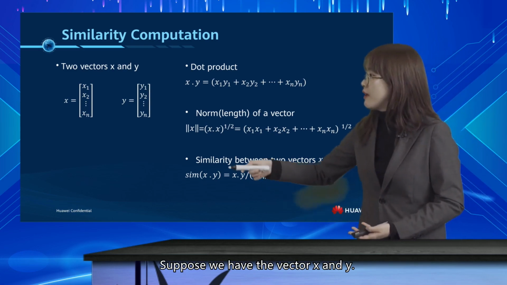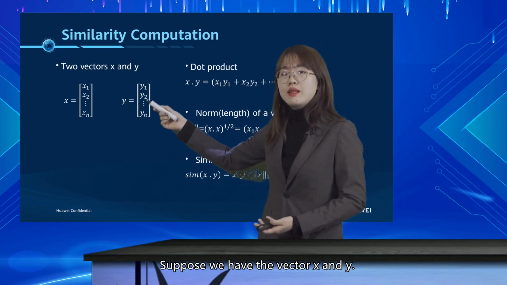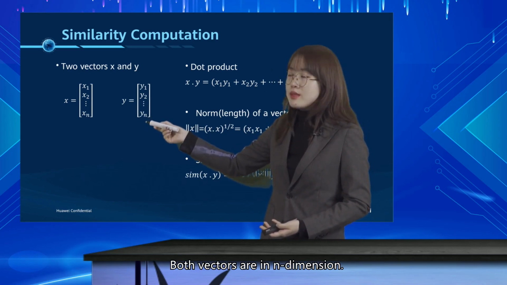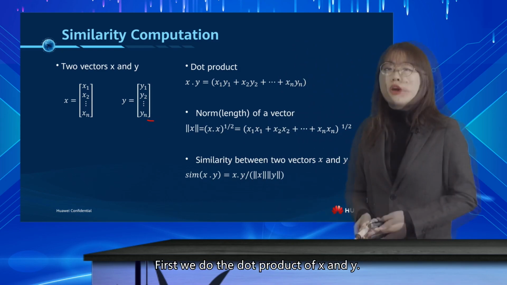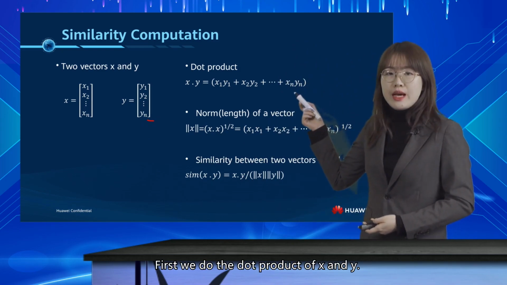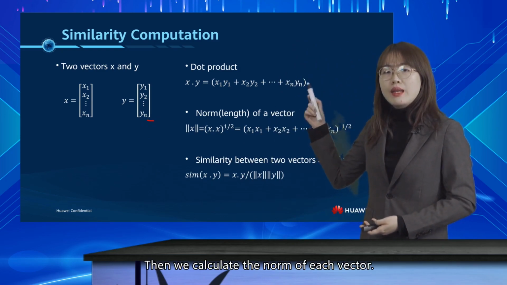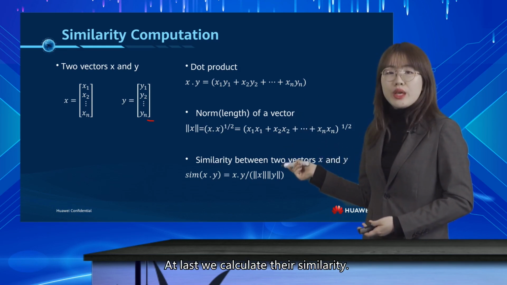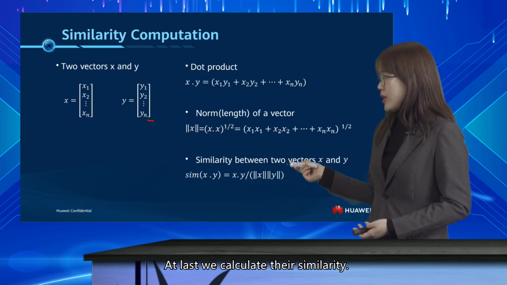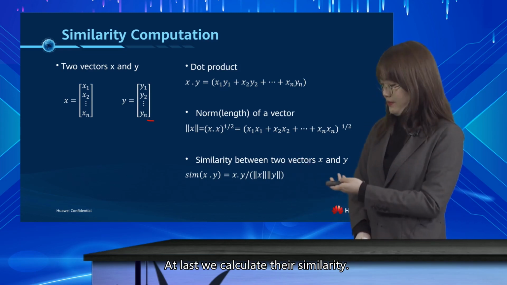Suppose we have the vectors x and y. Both vectors are in n dimensions. First, we do the dot product of x and y. Then we calculate the norm of each vector. And last, we calculate their similarity by this formula.